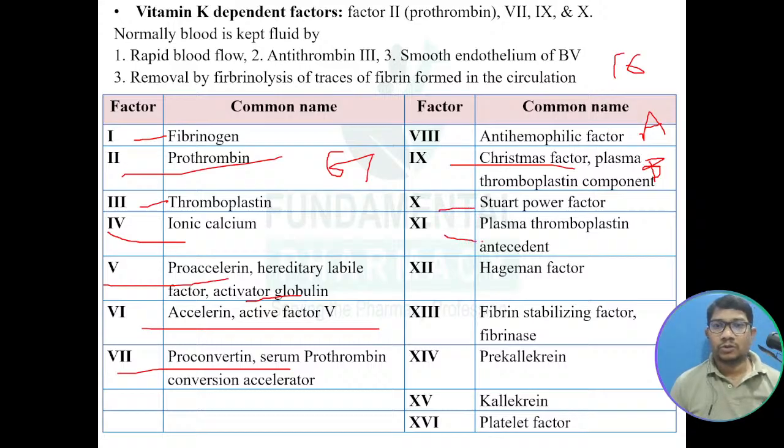Factor 11 is plasma thromboplastin antecedent, PTA, also known as anti-hemophilic factor C. Factor 12 is known as Hageman factor. Remember, 13 is known as fibrin stabilizing factor or fibrinase. Factor 14 is known as prekallikrein, 15 is known as kallikrein, and 16 is known as platelet factor.